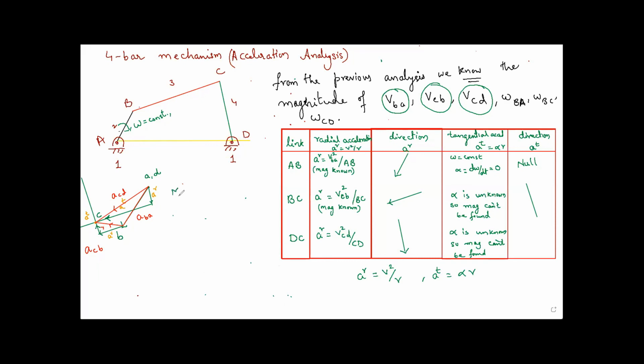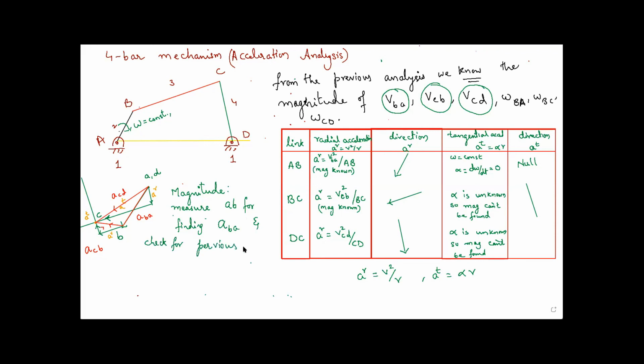So magnitude can be found out in this way. Just measure AB for finding acceleration of B with respect to A, and check for previous scaling.